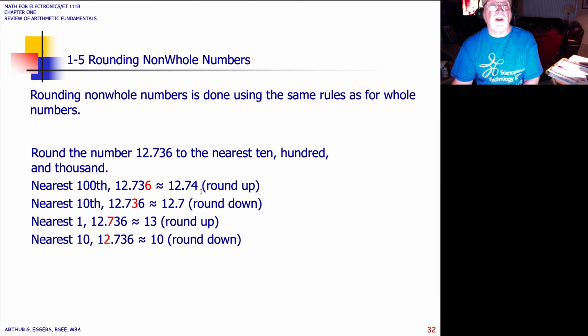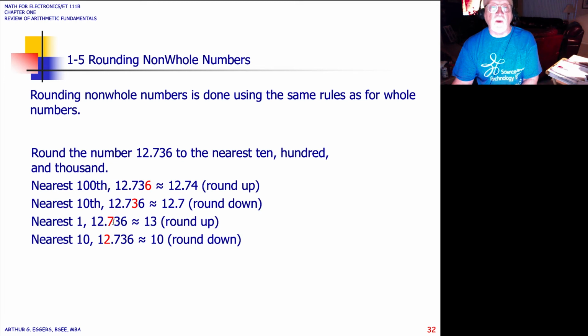An example here: to the nearest hundredth, this becomes 1274. To the nearest tenth, 3 is next to the tenth, so that becomes a round down. To the nearest 1, 7 is next to the 1, so we round up to the next value.